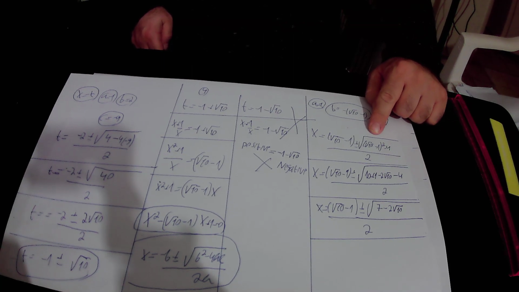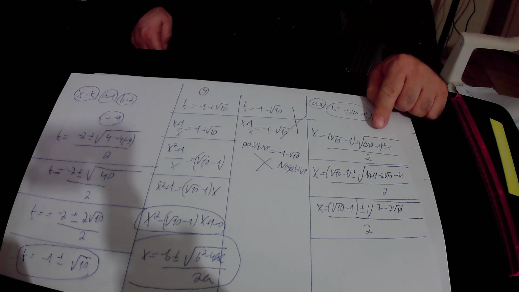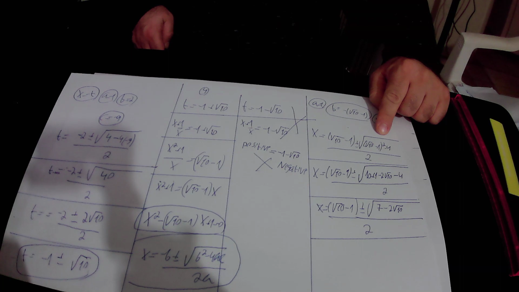So x equals square root of 10 minus 1 plus minus the square root of, where we calculated square root of 10 minus 1 squared according to the formula that a minus b squared equals a squared plus b squared minus 2ab.